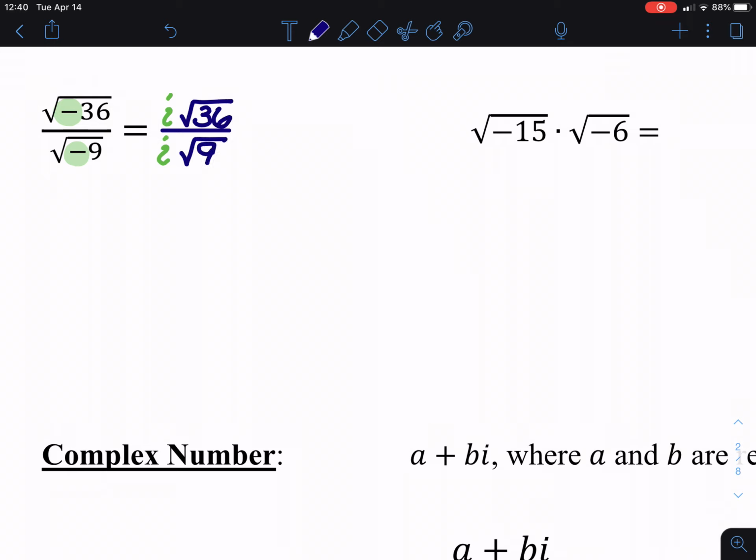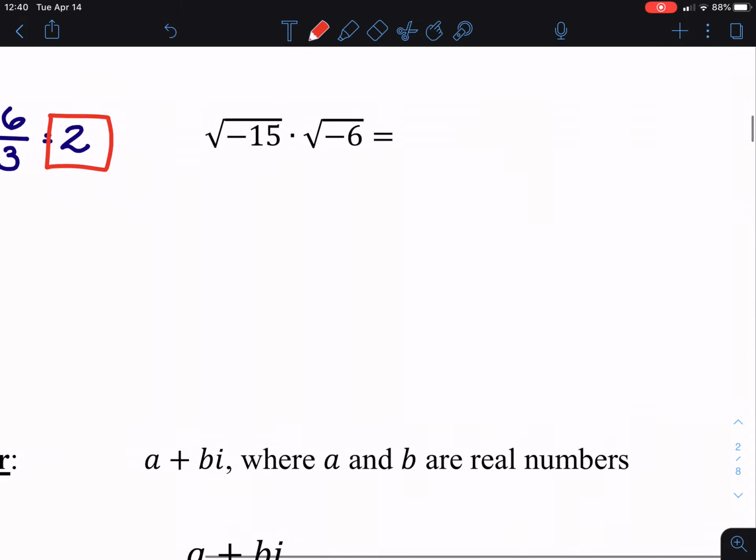Now notice I have an i in the numerator and an i in the denominator. Just like with any other numbers, if it shows up on the top and the bottom, I can cancel them out. The square root of 36 is 6. The square root of 9 is 3. So my solution to this problem is simply 2.